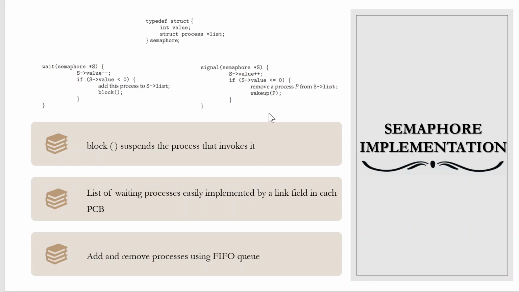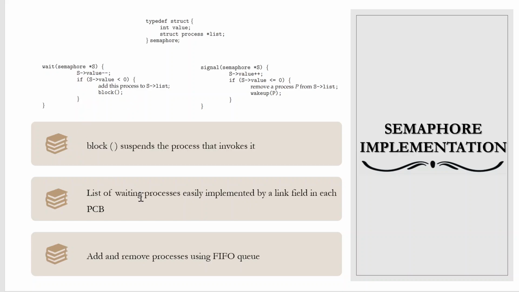Note that in this implementation, semaphore values may be negative, whereas semaphore values were never negative under the classical definition of semaphores with busy waiting. If a semaphore value is negative, its magnitude is the number of processes waiting on that semaphore. This fact results from switching the order of the decrement and the test in the implementation of the wait operation.